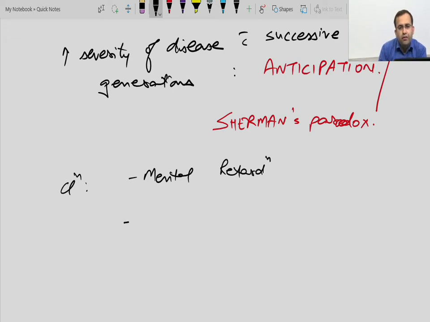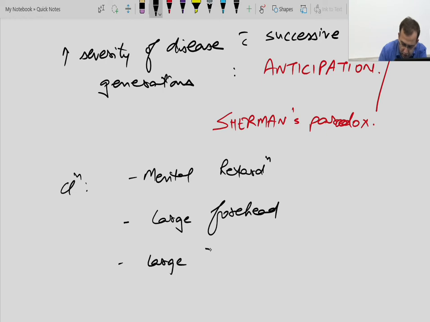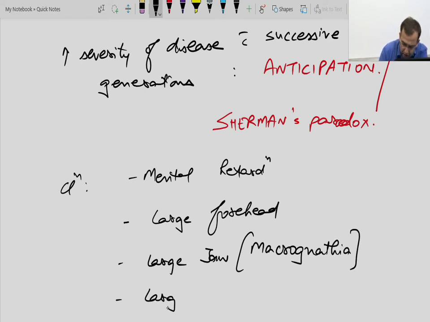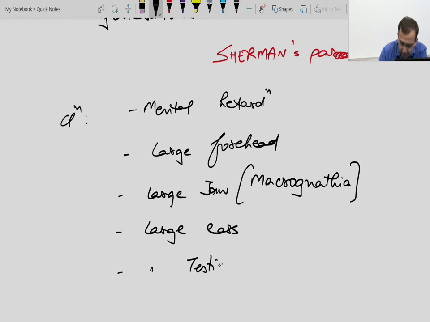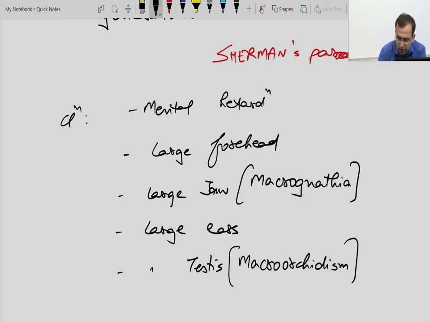The other features are a large forehead, large jaw, also called macrognathia, large ears, and large testes, that is macroorchidism. This is the most characteristic feature of the disease, macroorchidism.